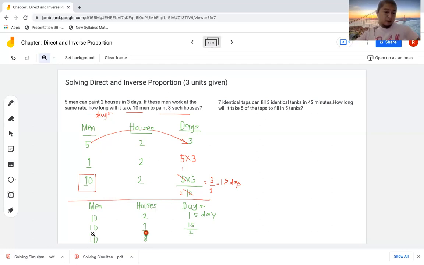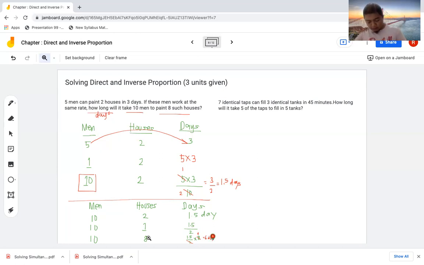So if 10 men can work on one house in 1.5 divided by 2, then if you multiply the number of houses, the number of days will be multiplied as well. So this is going to give us a calculation of 1.5 over 2 times 8. So again, using your skill for the cancellation method, these numbers will be canceled. So this is going to give us 4. And this will arrive with the final answer of 6 days.